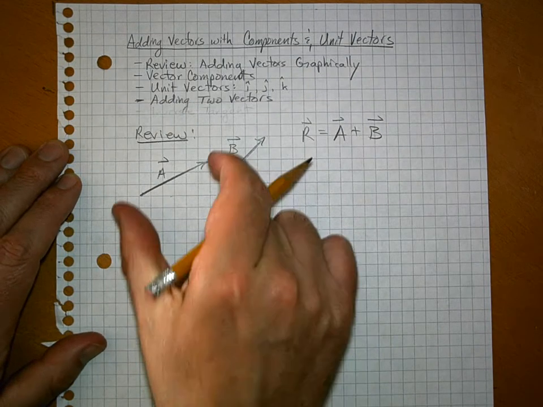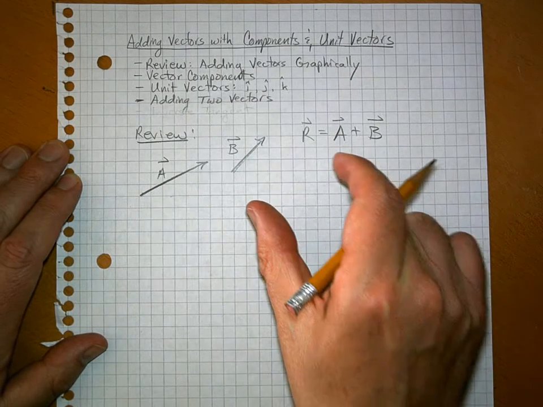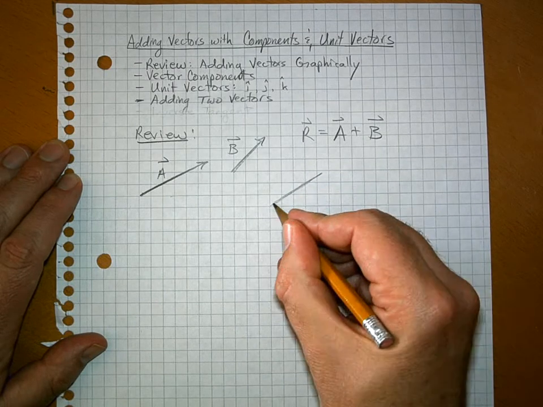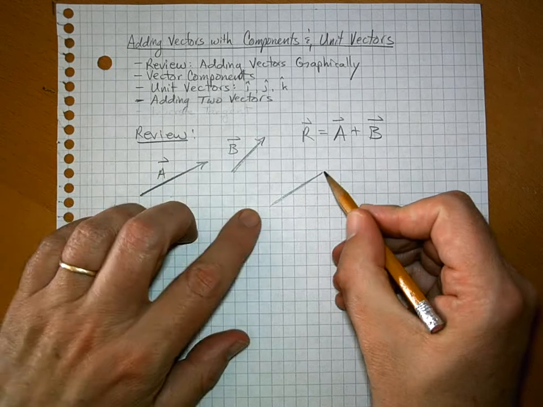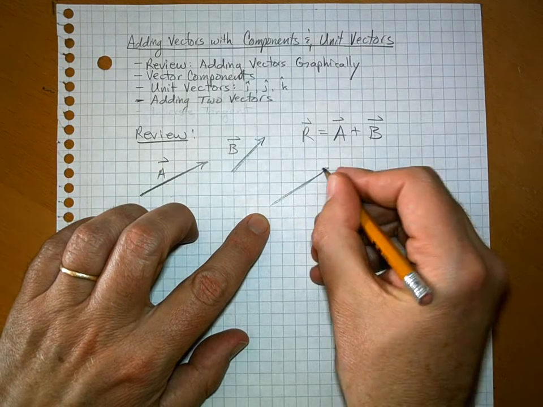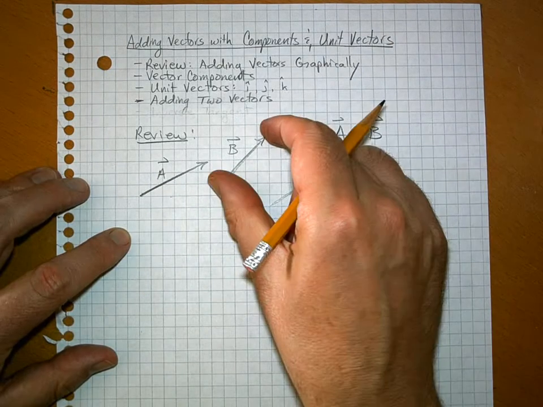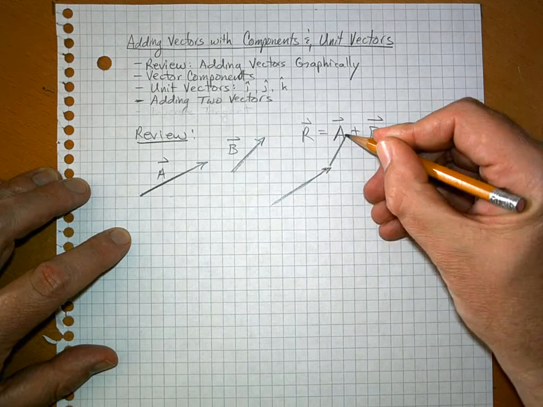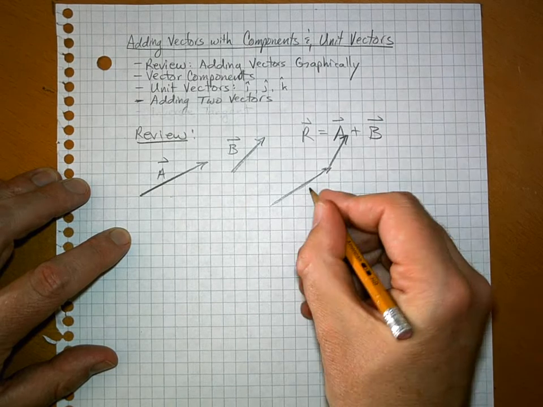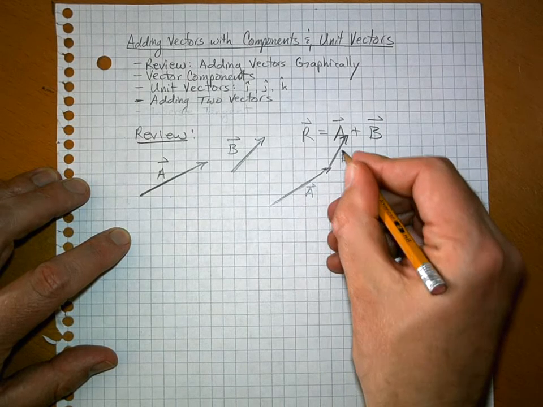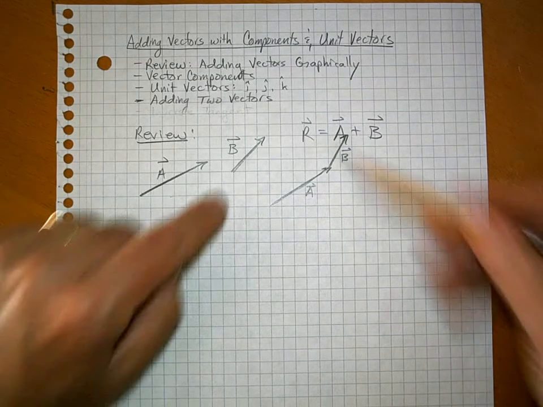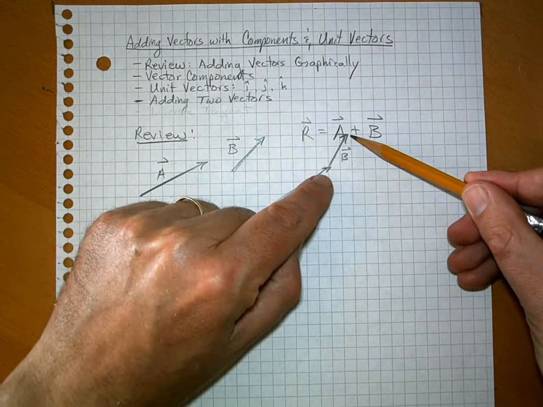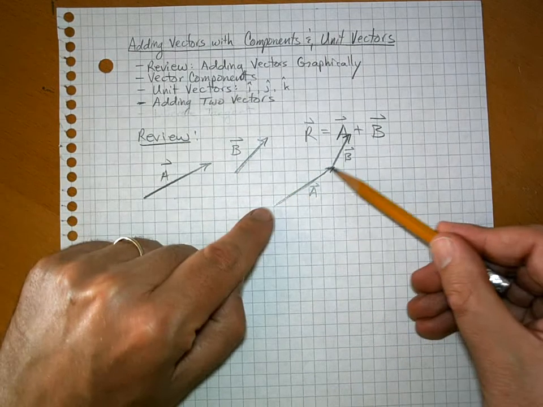So let's add A. We'll pick it up, and we'll put it down here. I'm going to try to draw it the same. Something like that. Okay. And then vector B, we'll pick it up and put it head to tail with that. So here's vector A and here's vector B. Now I didn't draw this perfectly, but this is just picking this up, same magnitude and direction.